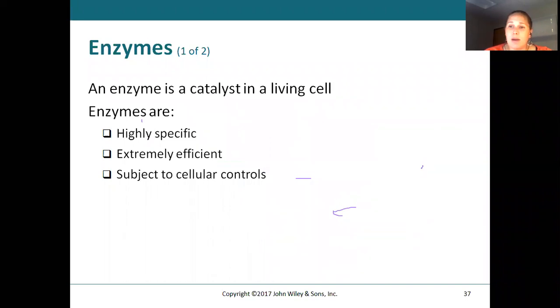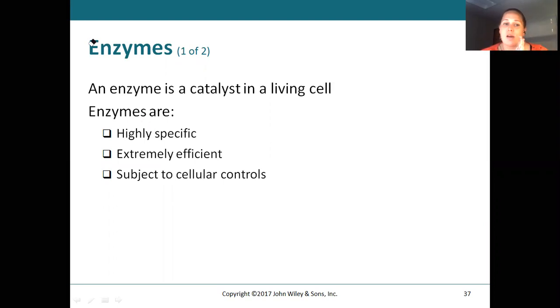Okay, so we talked about the structure of proteins. Some of the functions, for example, would be enzymes or enzymatic function of proteins. So proteins and enzymes within the cell have very specific functions. Each enzyme must interact with a specific molecule. They're very efficient.